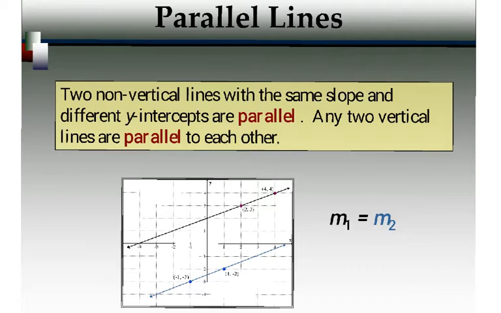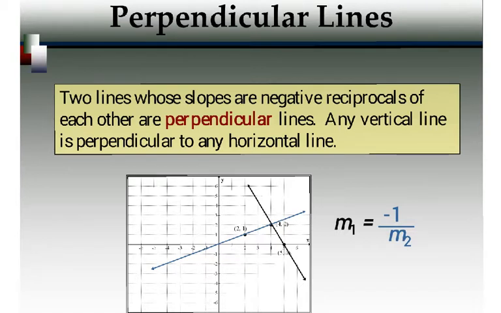But let's look at perpendicular. If they're perpendicular to each other, meaning they intersect at a right angle, the slope of one line is going to be equal to the negative reciprocal of the other one. So say you have a slope of 2 as one of your lines.